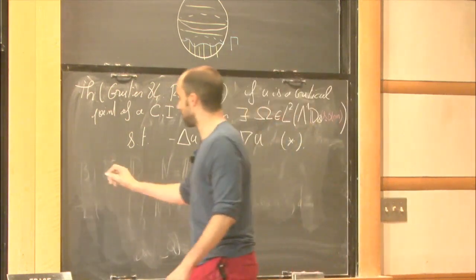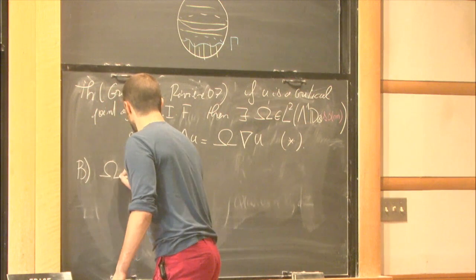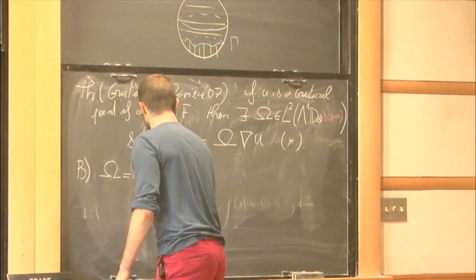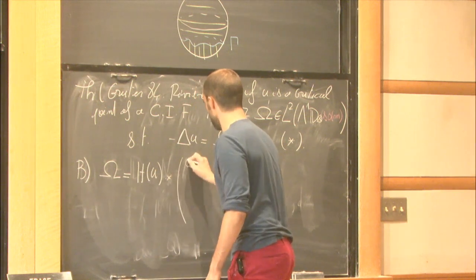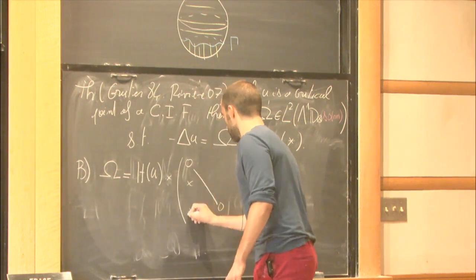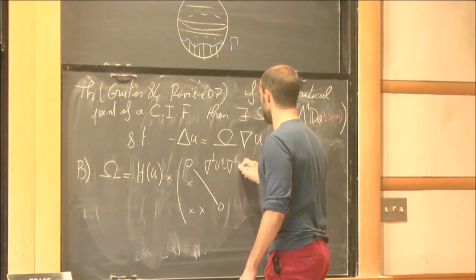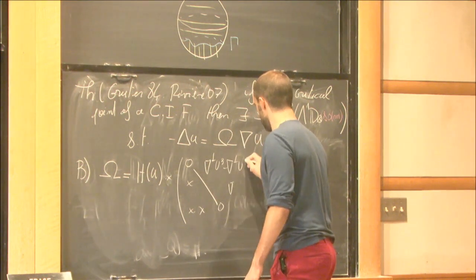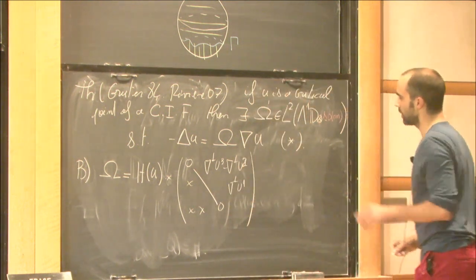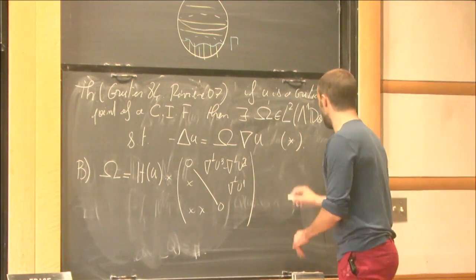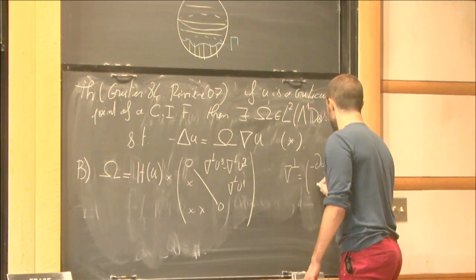For instance, for the case of constant mean curvature, for H, omega is H u times, so it's an antisymmetric matrix, u_x2 here, the partial derivative. And this matrix is viewed as a one-form, and nabla perp is just minus d_y, d_x.